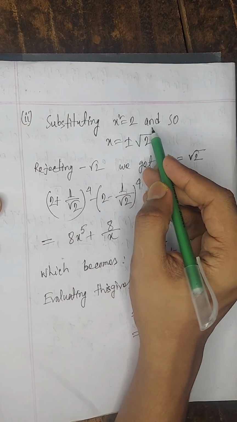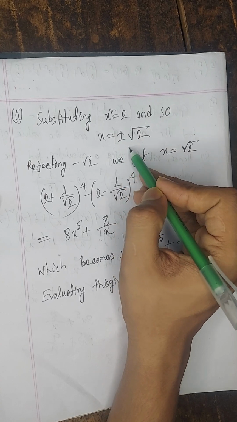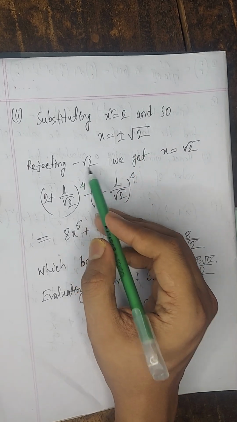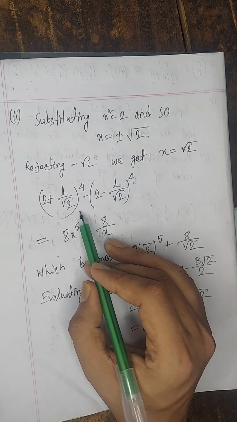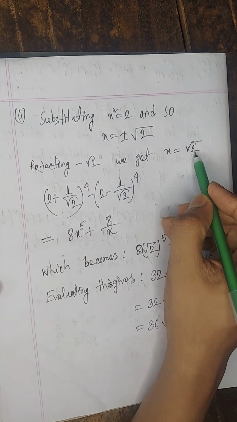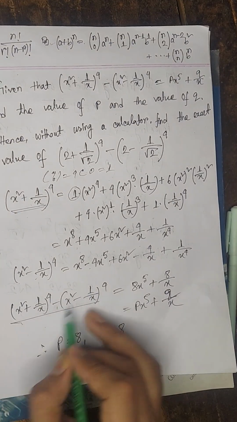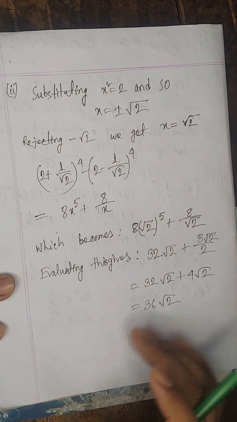Substituting x² equal to 2, we get x equal to plus minus root over 2. Then rejecting minus, we get x equal to root over 2. If we substitute x by root over 2 in this equation, then we get our required value of the expression.